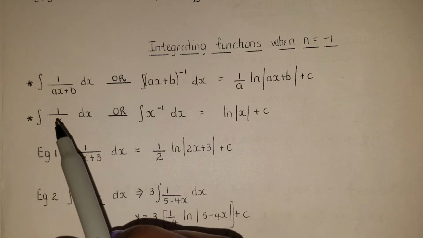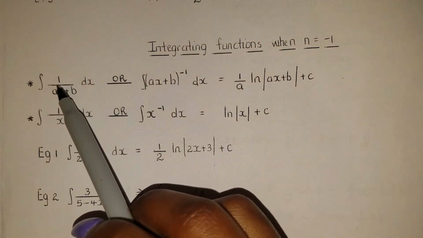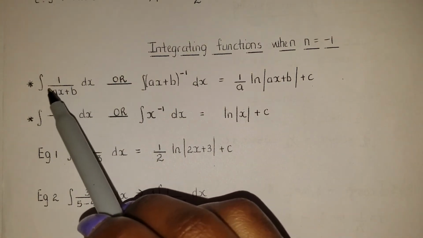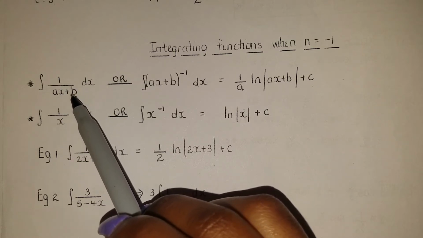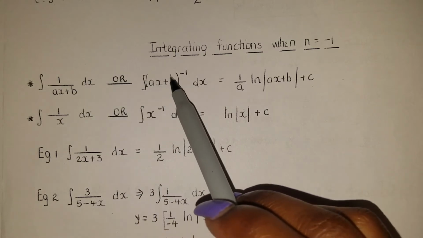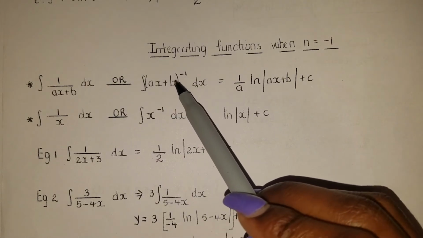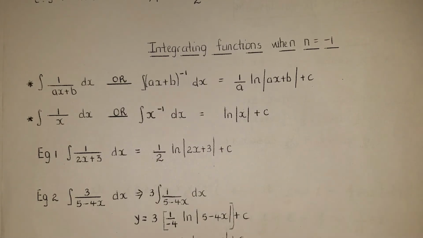So if you have a function like this, the integral of 1 over ax plus b, now this ax plus b can be brought up and will be raised to a -1. So here, n is equal to -1.